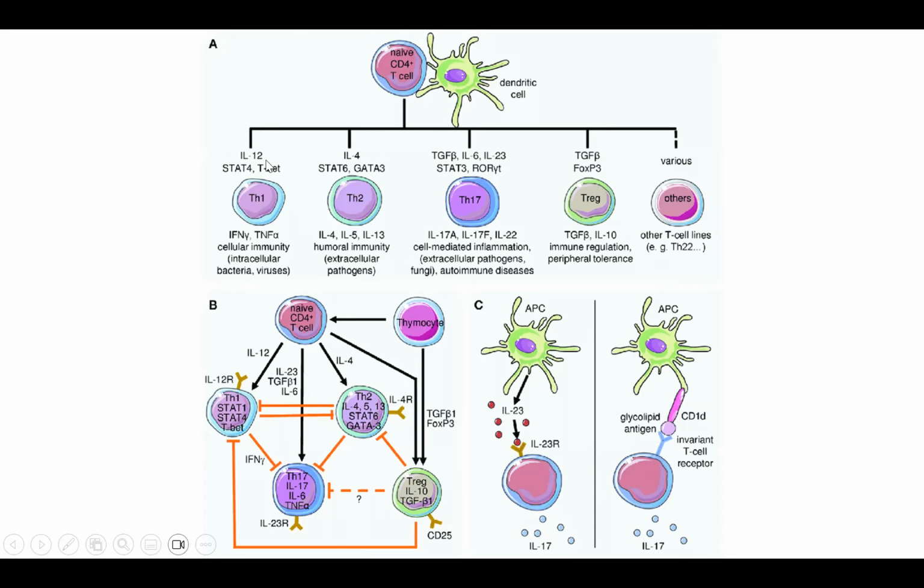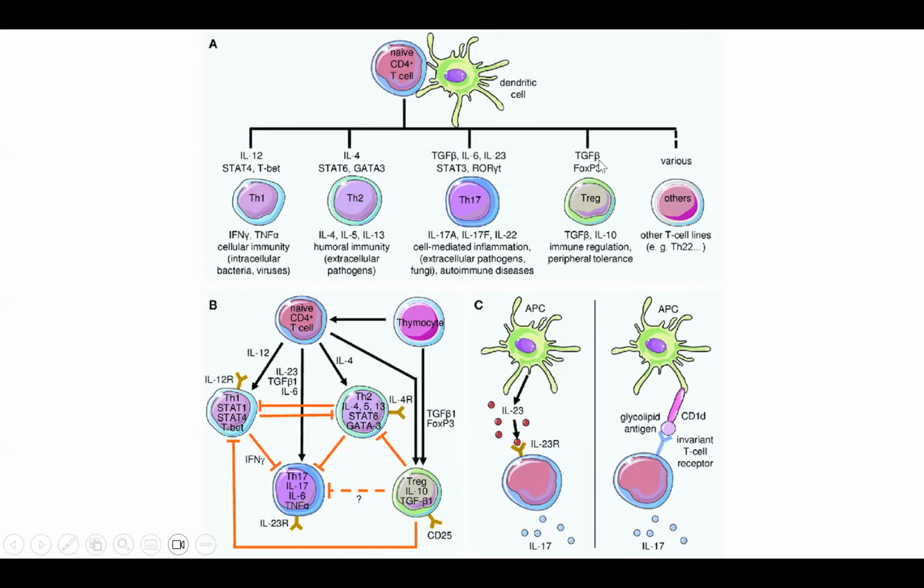All right. Now, what turns these into a T helper cell? It's actually what is being secreted. Is it interleukin 12 and STAT4? Is it interleukin 4? Is it TGF beta, interleukin 6, interleukin 23?